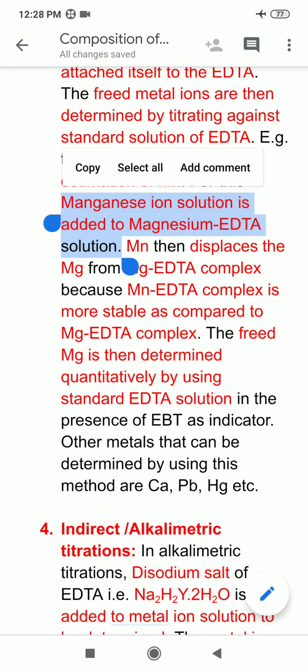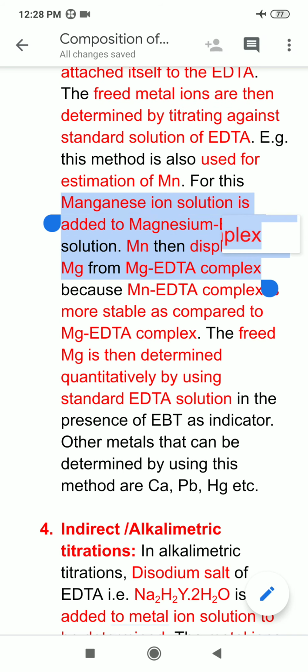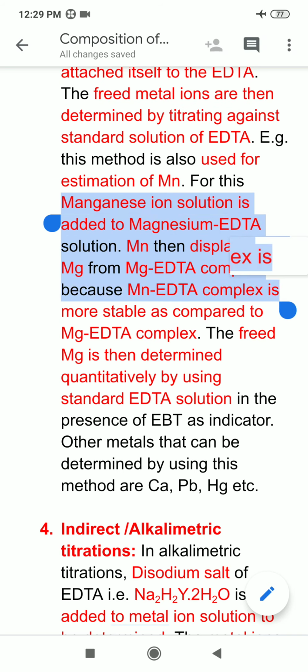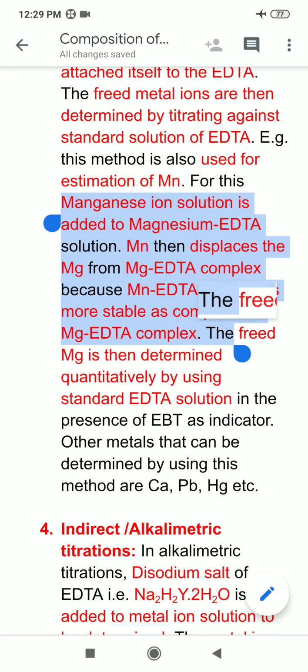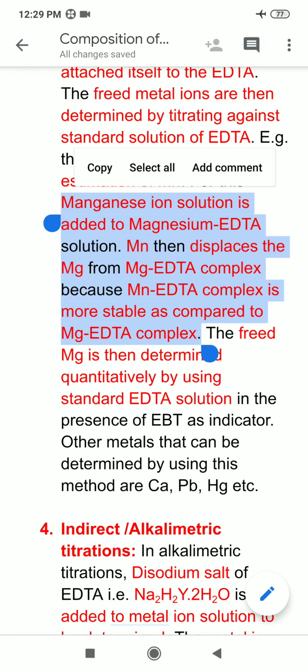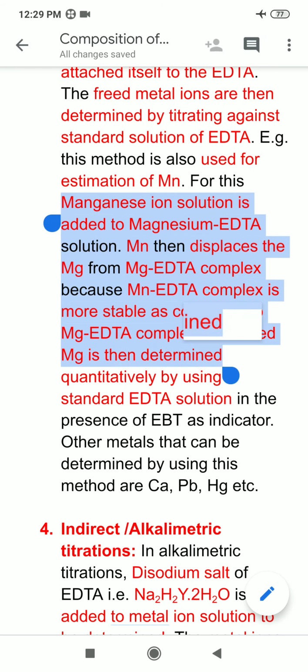Then what will happen? Manganese will displace magnesium from the magnesium EDTA complex to form manganese EDTA complex. And why will this happen? Because manganese EDTA complex is more stable as compared to magnesium EDTA complex. So when manganese replaces the magnesium from the EDTA, the magnesium will be released, or replaced, I can say.